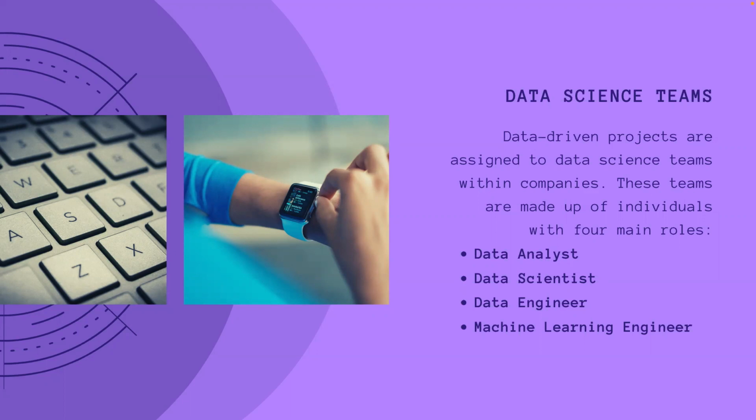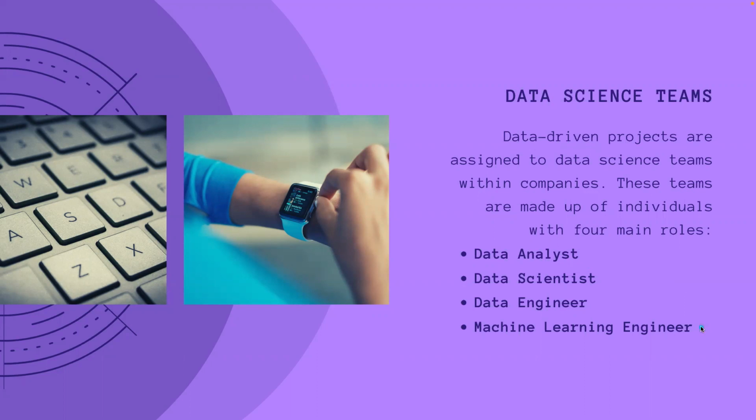And especially within industry, data-driven projects are assigned specifically to data science teams. The teams are typically made up of individuals that have four main roles. Those roles are data analyst, data scientist, data engineer, and machine learning engineer.